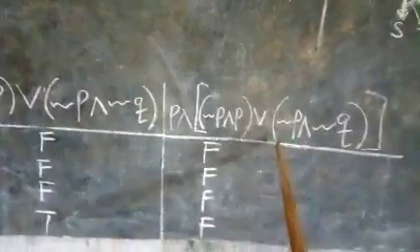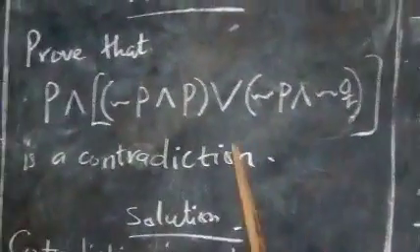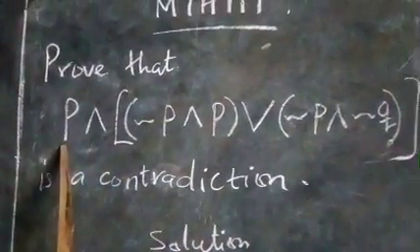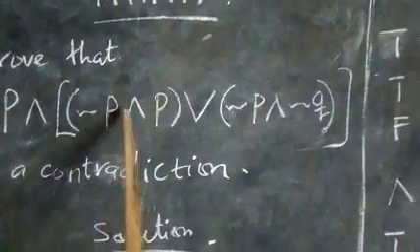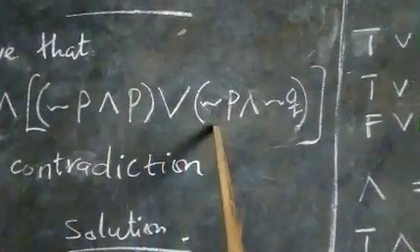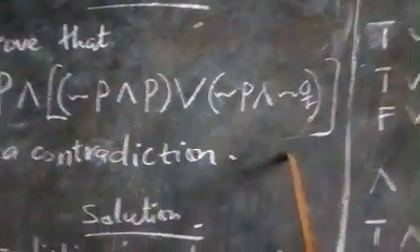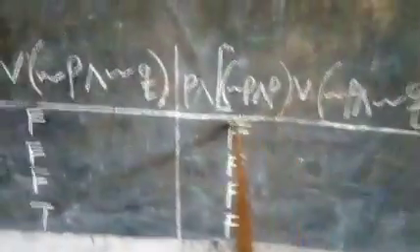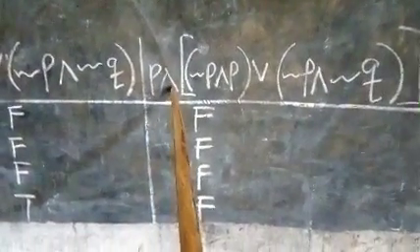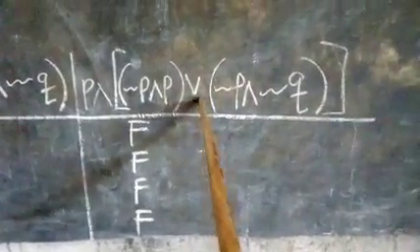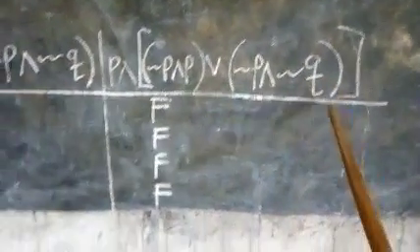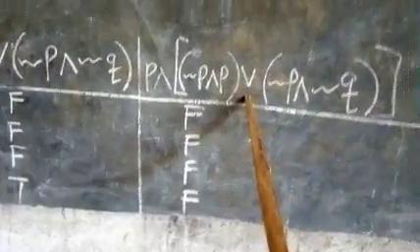Now, the last expression, according to what the question asked us: P and negation P and P, or negation P and negation Q. Now we should prove that it is a contradiction. We want to show that this expression is a contradiction.